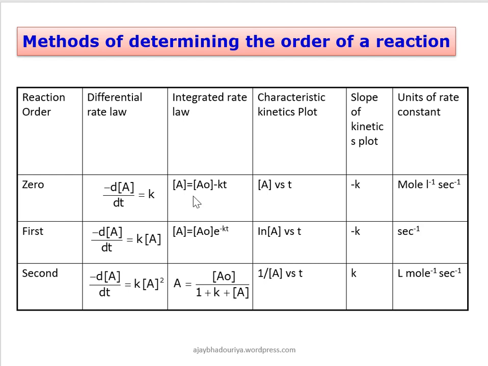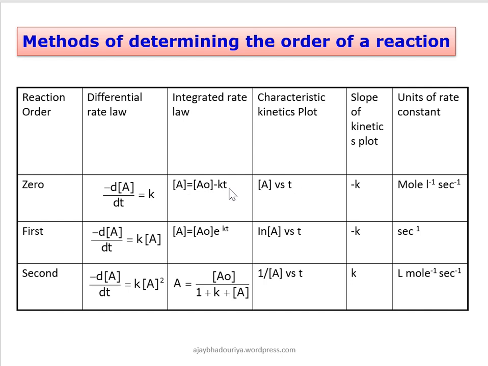If we plot a graph, A is equal to A0 minus Kt. It means y is equal to mx plus c, where y-axis is A and x-axis is t. In this case, the slope will be minus K. So we plot a graph A versus t, with A on the y-axis and t on the x-axis.